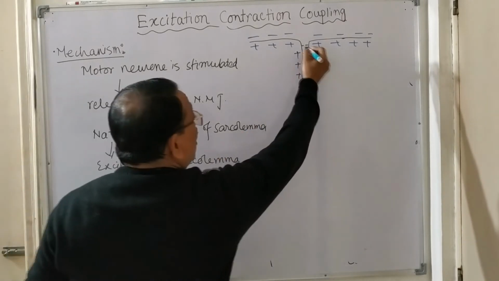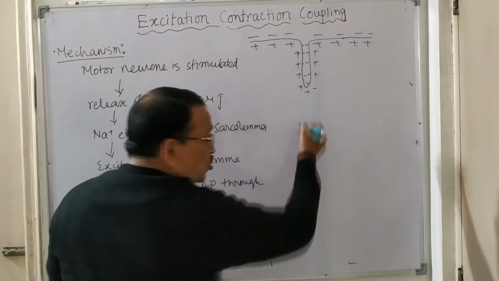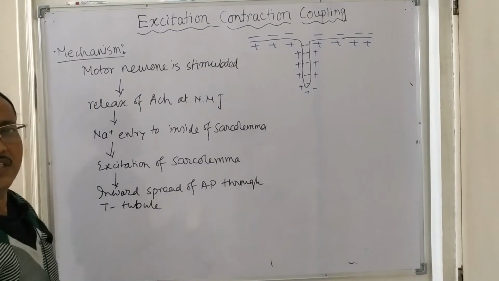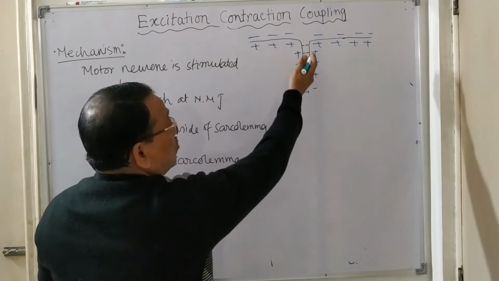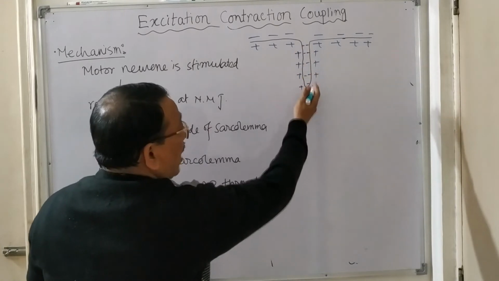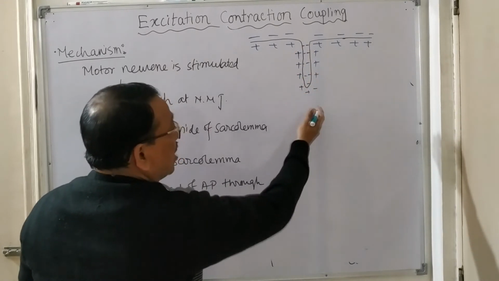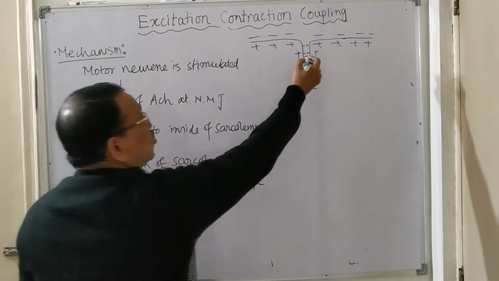Through this T-tubule, the action potential is passed towards the myofilaments.